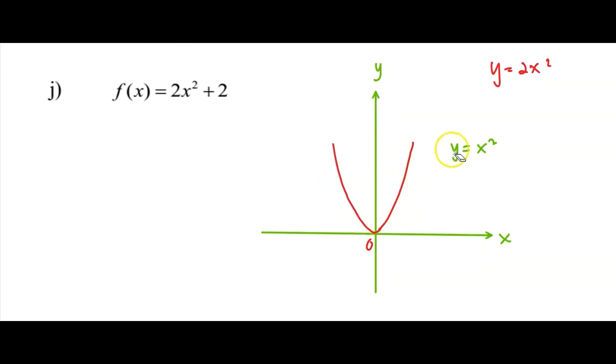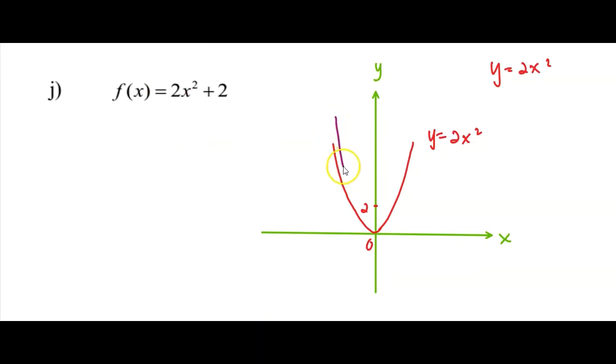So you can delete the basic graph, and this graph y equals to 2x squared is going to go up for 2 units from the minimum point, the origin. Now the minimum point becomes (0, 2).